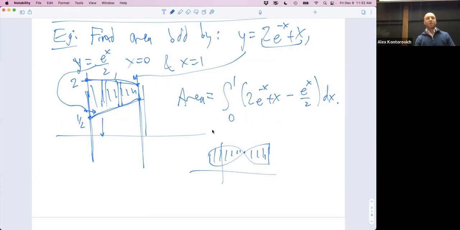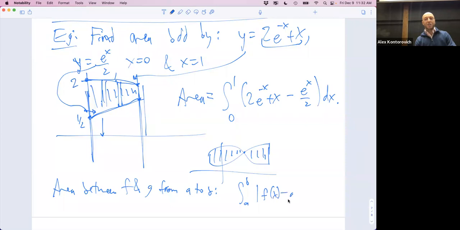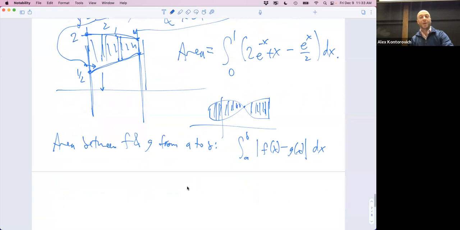Okay, in general, the area between f and g from a to b is the integral from a to b of the absolute value of f of x minus g of x, dx, because the absolute value is the positive difference, right? That's the distance between them, whoever is on top, the absolute value will give you something positive. So you do have to be able to figure that out.